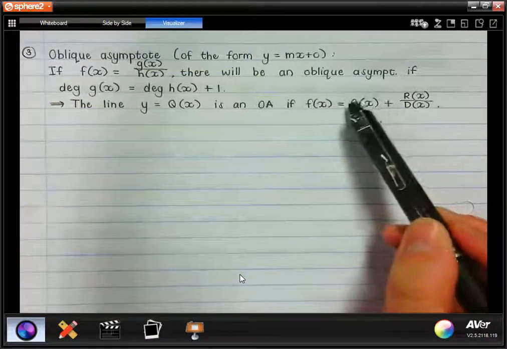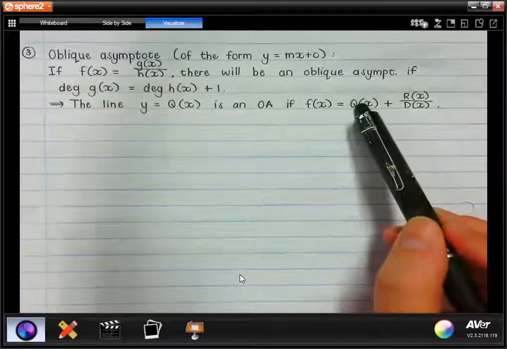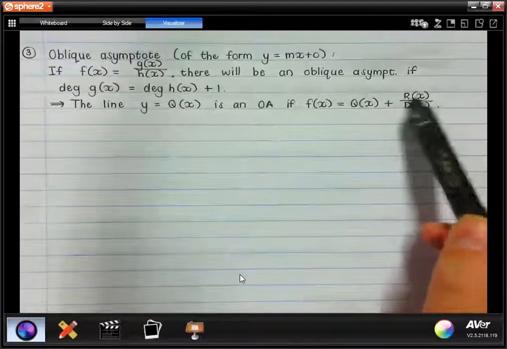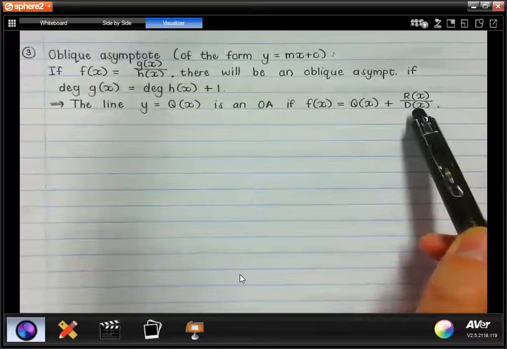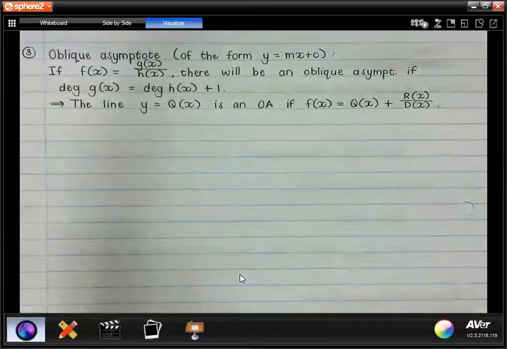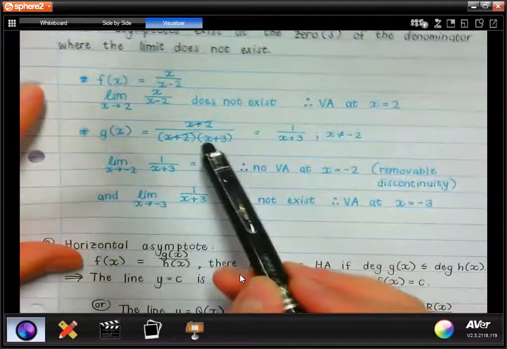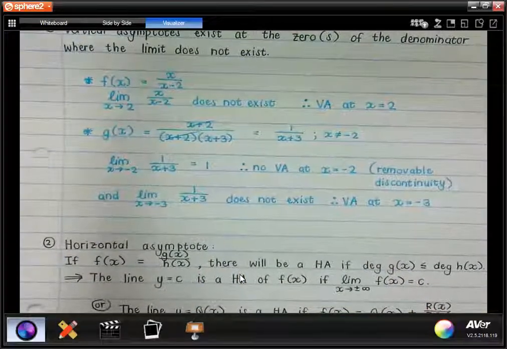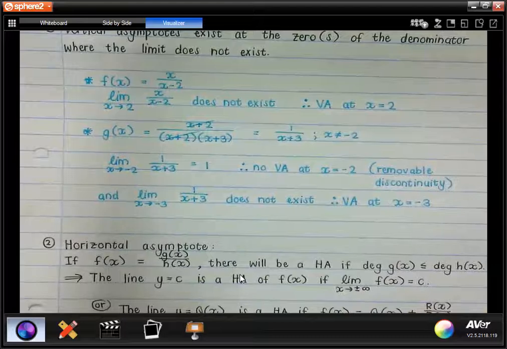If it's an expression with an x in it, then it's an oblique asymptote. And whatever the zero of this denominator is will be your vertical asymptote. But if it's given in a form like the example we did here, to rewrite it in that form you would first have to multiply the brackets out and do some working. So it's up to you.